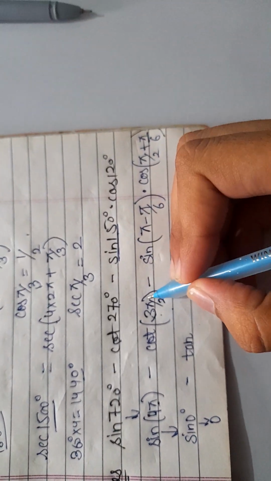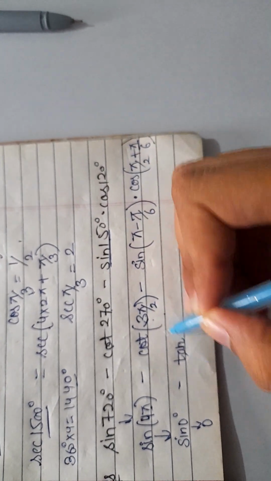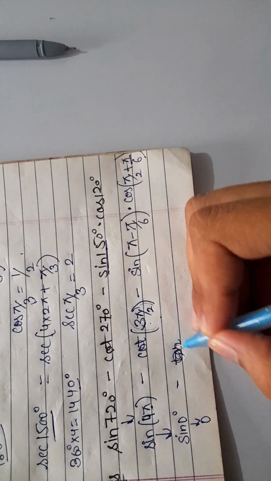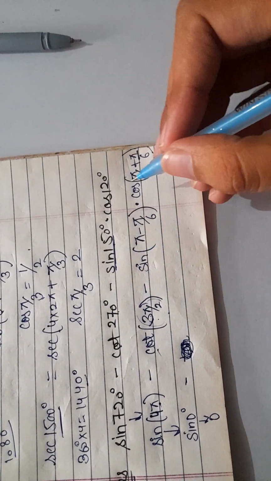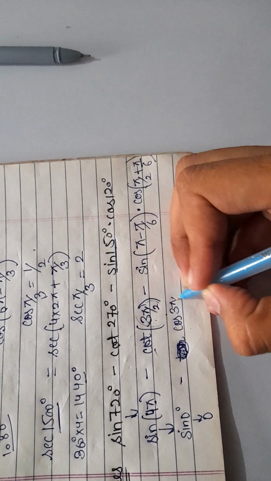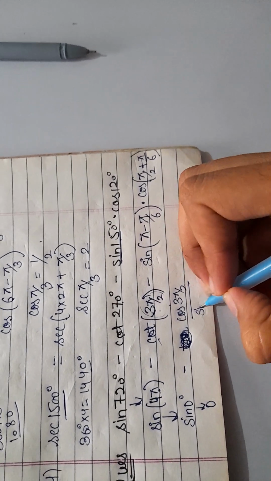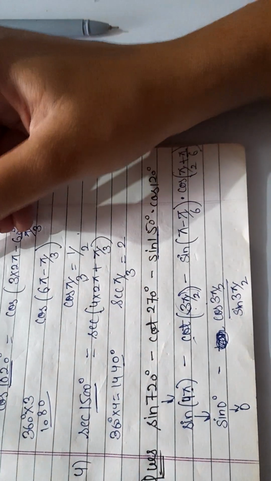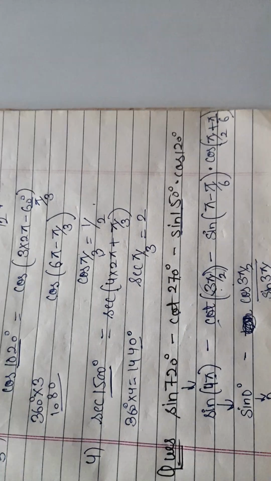There is no need to change it into tan, as we still have to find its value, so just change it into cos 3 pi by 2 and sin 3 pi by 2, which is 270.